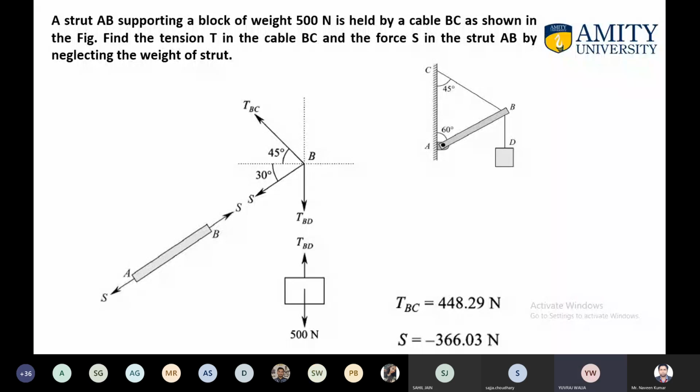Minus 366.03, sir. Yeah, 366.03. Yes, sir. Minus 366.03. Okay, so here the angles are clear to every student?